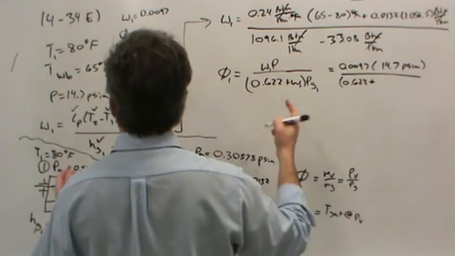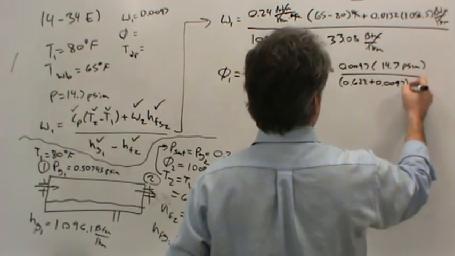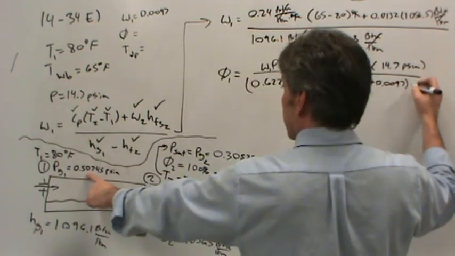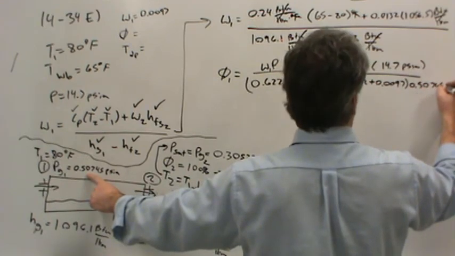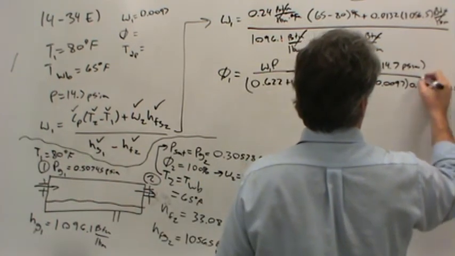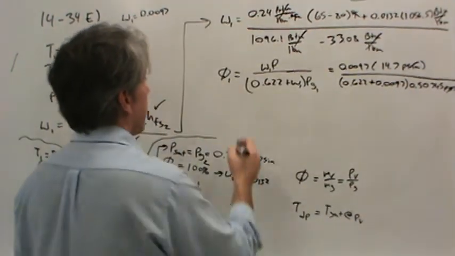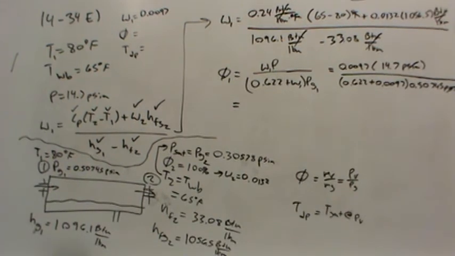Well, the one at state 1, the one we're interested in, 0.0097, multiplied by the saturation pressure at 80 degrees Fahrenheit, 0.50745 PSIA. Okay, the PSIA go away, and we'll have something that is, again, dimensionless. So plug that into your calculator, please, and we'll see if we get, what did we get before, 45% or so?